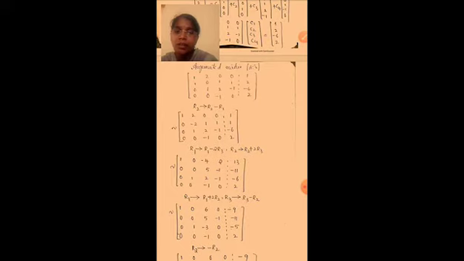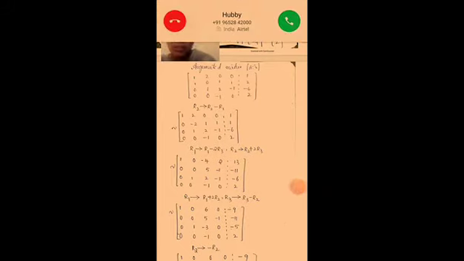Okay, so next in R1 we have to apply R1 minus 2 R3, and R2 plus 2 R3. So R1 minus 2 R3 gives 1, next 2 minus 2 is 0, next 0 minus 4 is -4 and so on. Next R1: 0 minus 2 into -1 is plus 2.